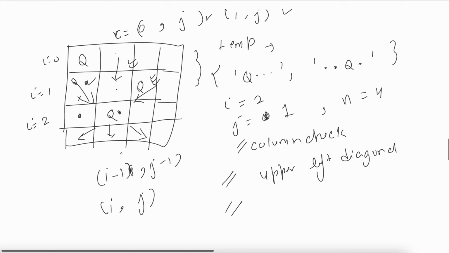For upper right, you will do i minus 1 and j would be increasing this time, so you will reduce i till it becomes 0, and increase j till it becomes n, and at every step you will check whether we have q in here. If we have q in here, then it fails here and you will return false. If we don't have q in here, then we will check this upper right diagonal also. Likewise, if all conditions pass, then we will return true.